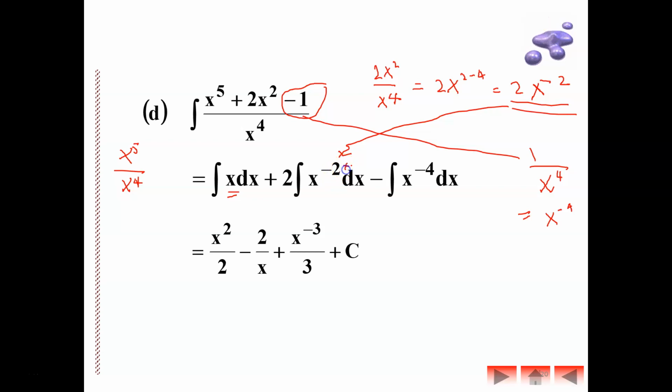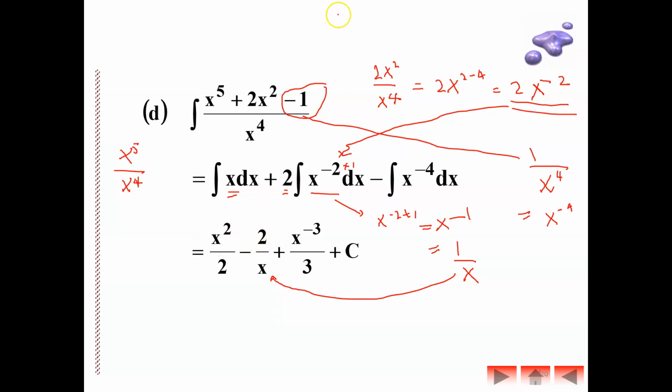So it becomes x to the power of negative 1, right? So x to the power of negative 1 is the same as 1 over x. That's why we get this one, 1 over x. Where does the 2 come from? The 2 is from here.